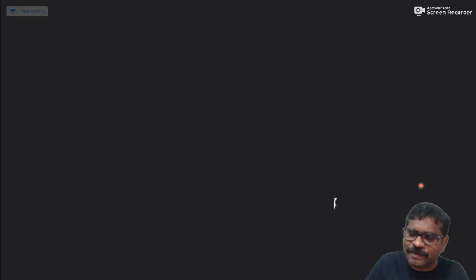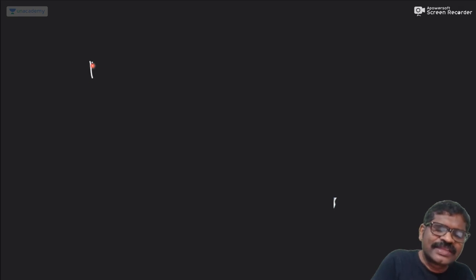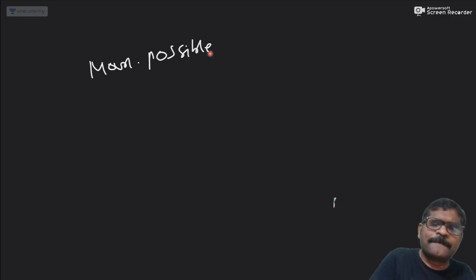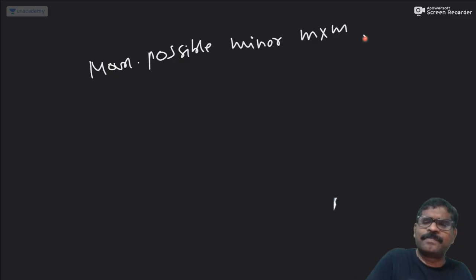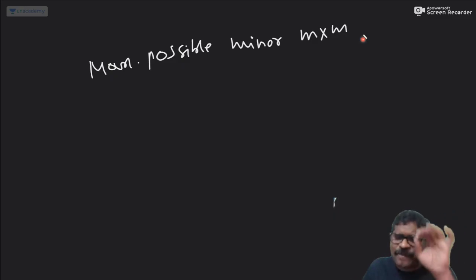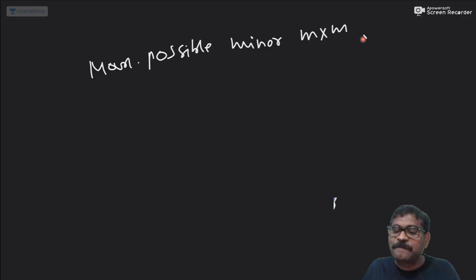Maximum possible minor is m cross m, so maximum possible rank is m. If rank is m, you can say m independent vectors. But they have provided that the set of vectors is linearly dependent.